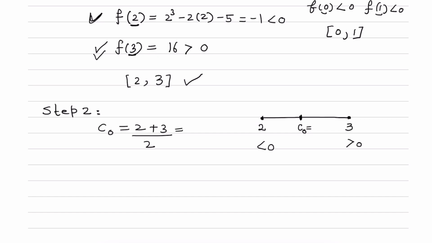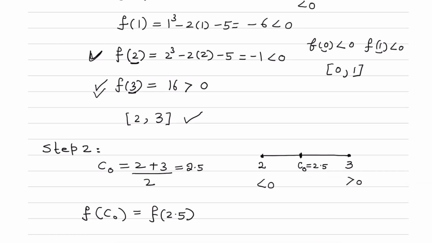Use your calculator to find 2 plus 3 by half, which gives you 2.5. So c naught is 2.5.